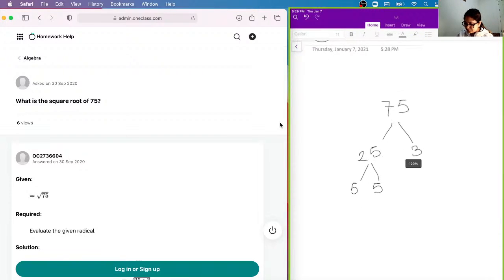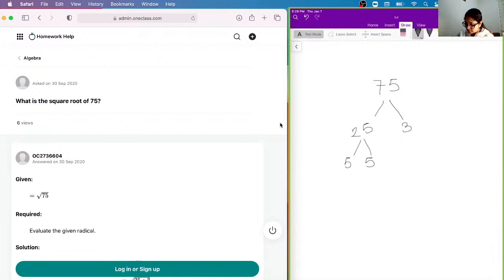And so what we can do is basically combine the lowest terms, so in this case 5 and 3, and let's express this under a square root. So we have square root of 75 is equal to the square root of 5 times 5 times 3.